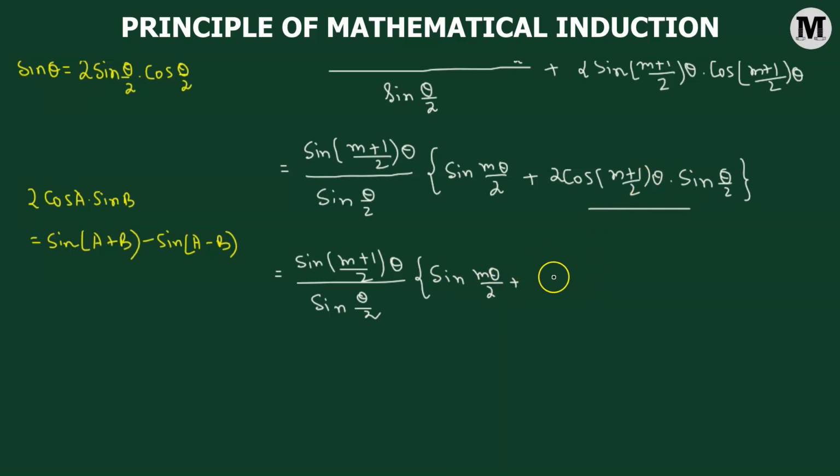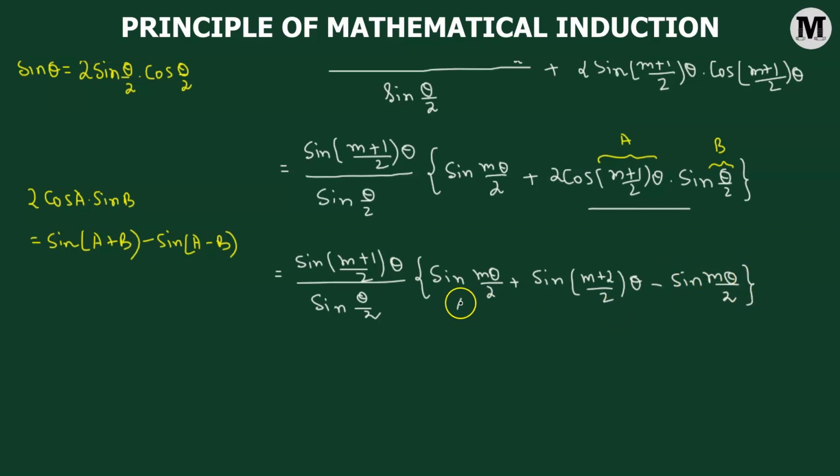Now here, A corresponds to (m plus 1) over 2 times theta and B corresponds to theta over 2. So let's write it down. This angle is A, and theta over 2 is B. So what is A added to B? A when added to B, we're going to get (m plus 2) over 2 multiplied to theta, minus sine of angle m times theta over 2.